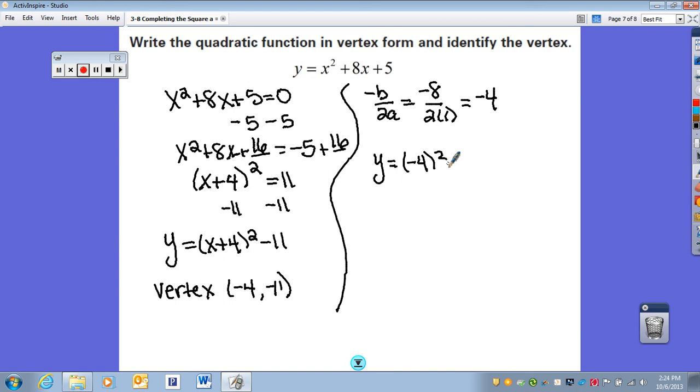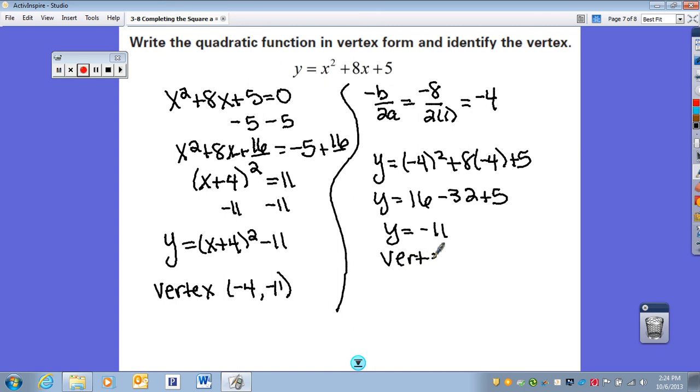Negative 4, the quantity squared, plus 8 times negative 4, plus 5. So y is equal to 16 minus 32, which is negative 16, plus 5. That gives us y is equal to negative 11. So our vertex is at negative 4, negative 11.